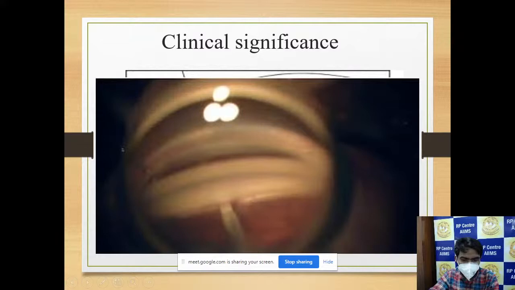This clinical picture shows an MVR, and we place the Swan-Jacob gonio lens and visualize the angle through it.